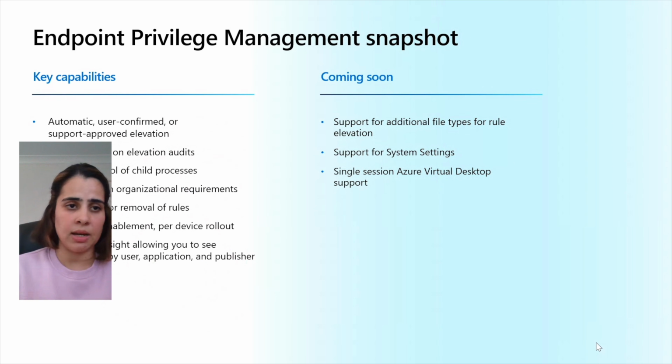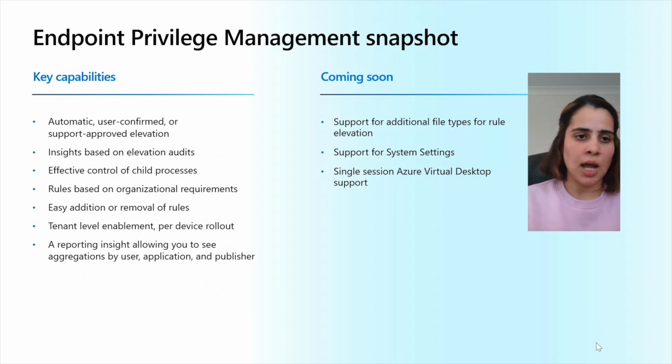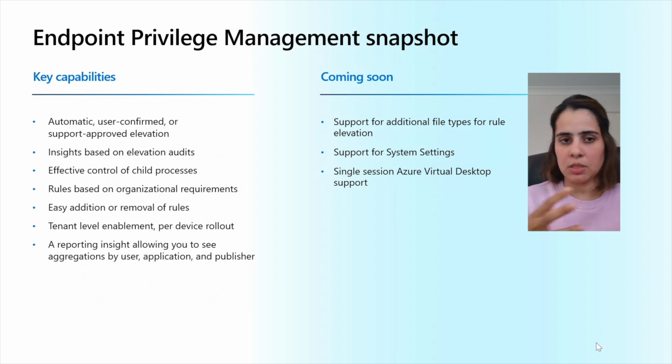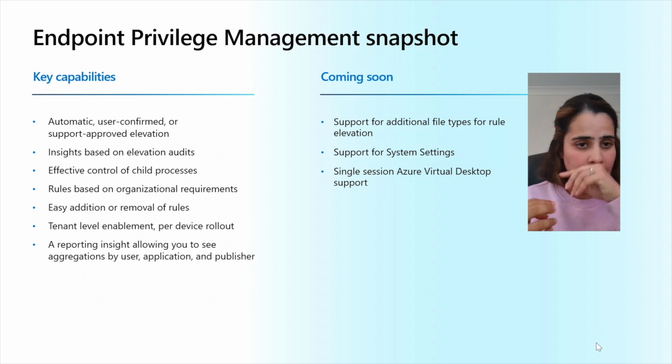Around elevation behavior, we have all the three. You have auditing, you have behaviors on how child processes could be elevated or could behave when there is an elevation. You have tenant level enablement, or you could do device level rollout.